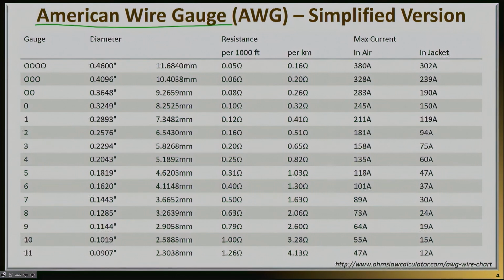You can see, for example, that we have names for these wires that have different gauges. Each one of these gauges represents a different diameter of the wire, and that means that you have a different resistance per 1,000 feet for this wire. So that essentially translates to a maximum amount of current that you can transfer.